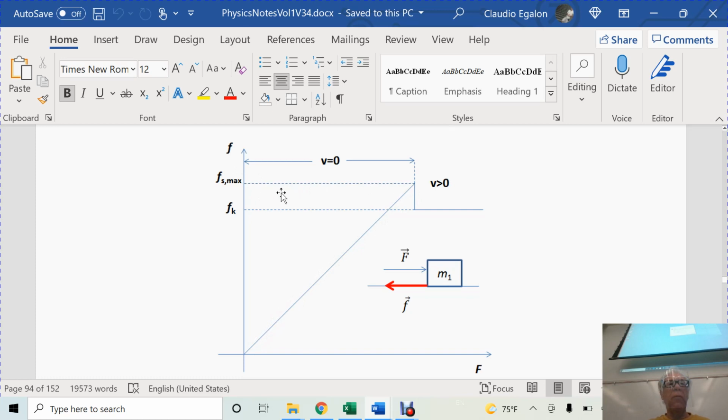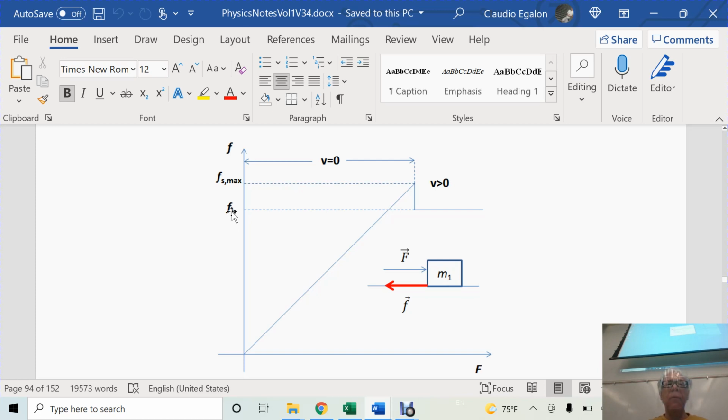When you have a force of static friction, the object is at rest. When you exceed this maximum value of the force of static friction, the object starts moving, and what was force of static friction now becomes force of kinetic friction.